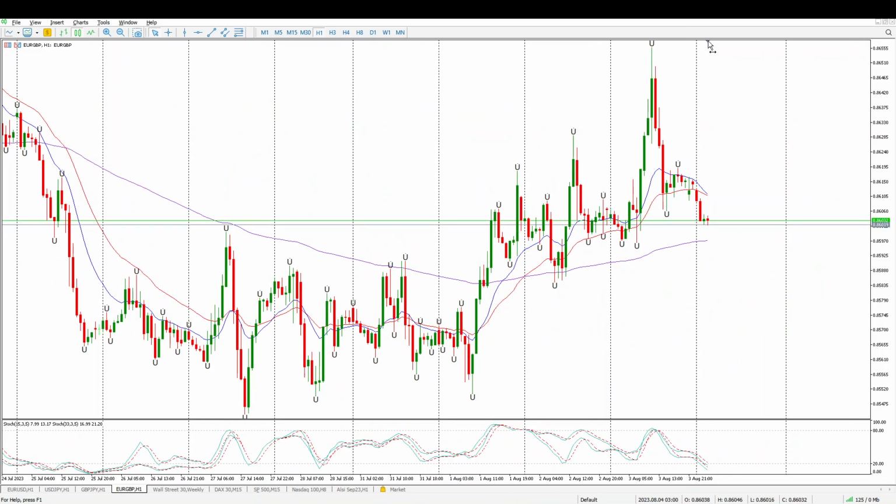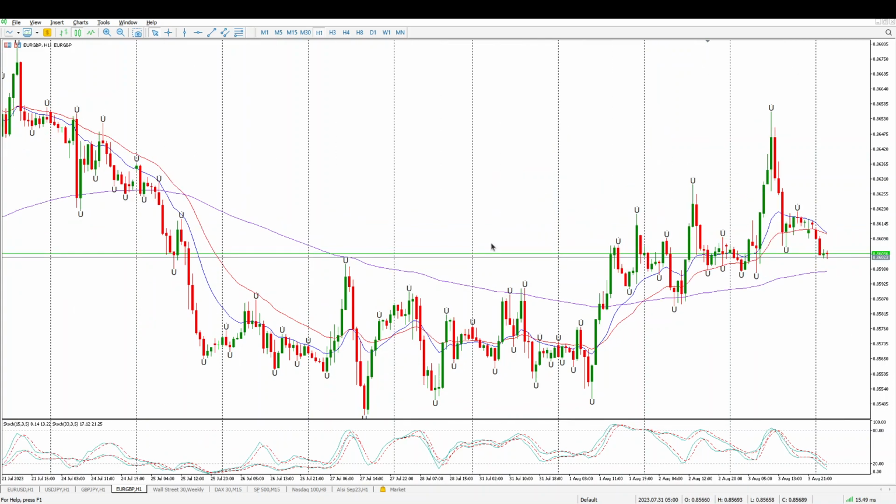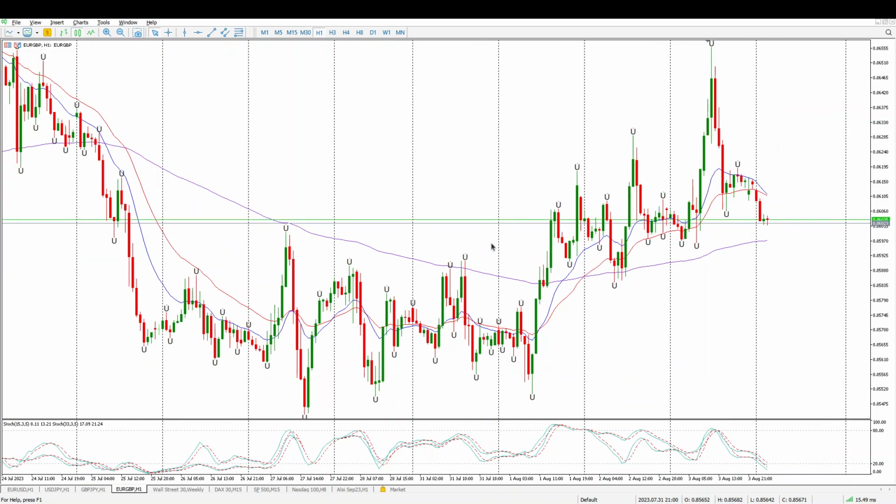The minute you drop down to the hour, big up with the trend, big down immediately. And look at this divergence here. So you could see another move up, or we could see a move down. I think this one to me is just sit on hands, just stay away from it.